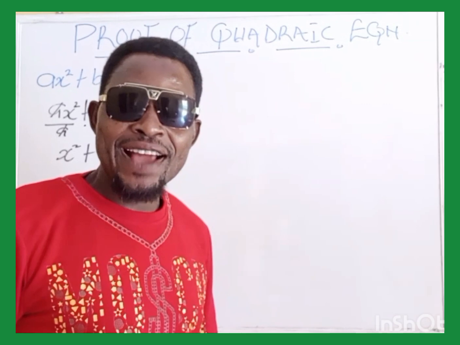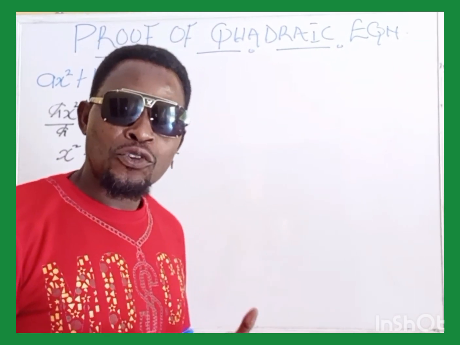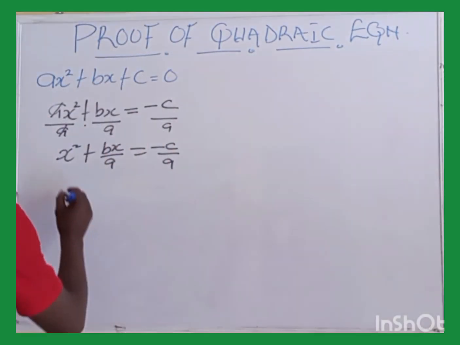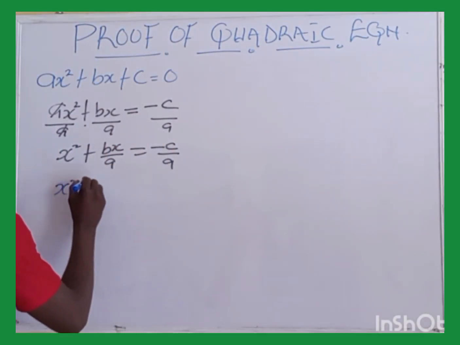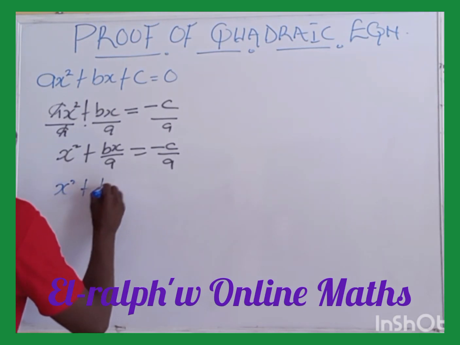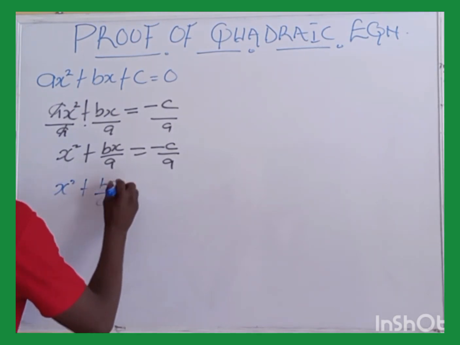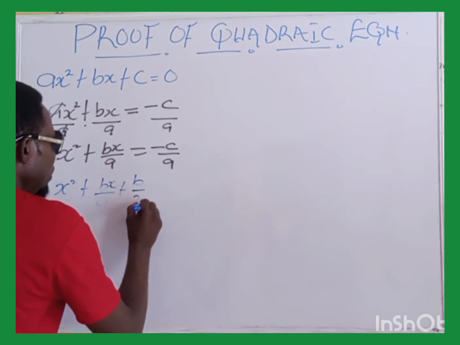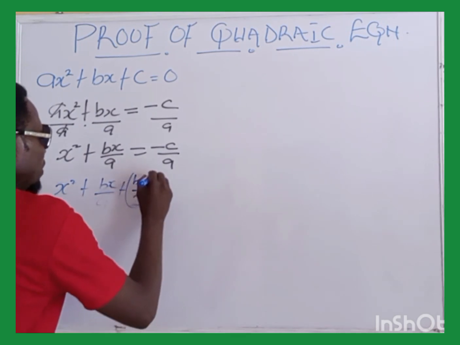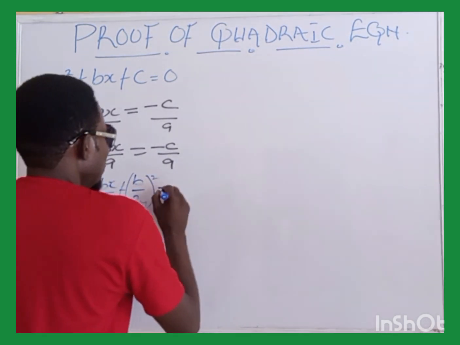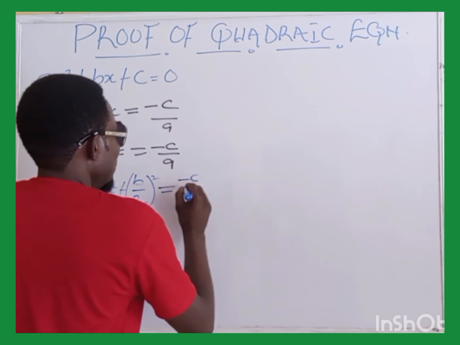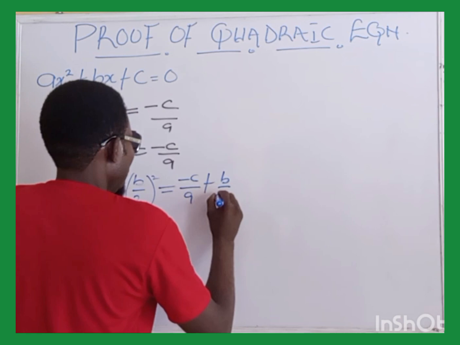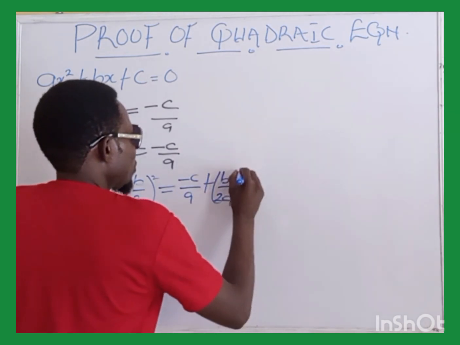So next is to add half of the coefficient of x, squared, to both sides of the equation. So let's do that. We now have x squared plus bx all over a plus half of the coefficient, which is b all over 2a, squared, equals minus c all over a plus b all over 2a all squared.